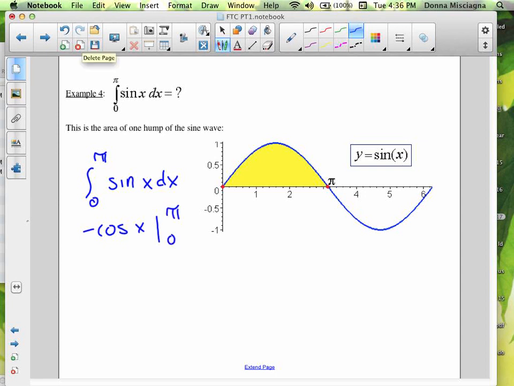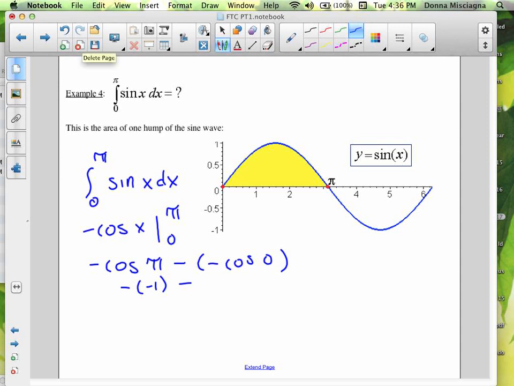All right, so we're going to have negative cosine pi minus a negative cosine 0. Cosine pi is going to be negative 1. So that's going to be minus a negative 1, but that's going to be a plus 1.